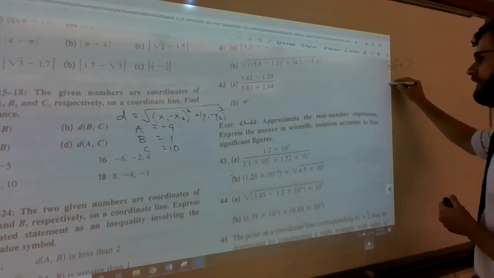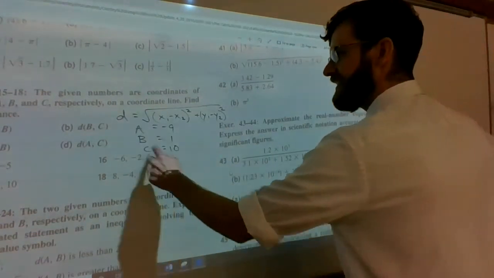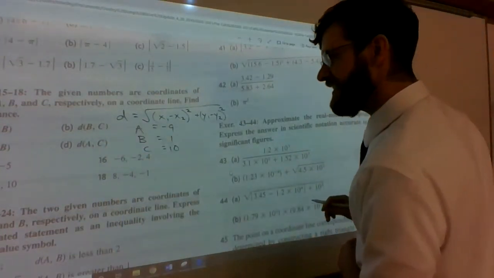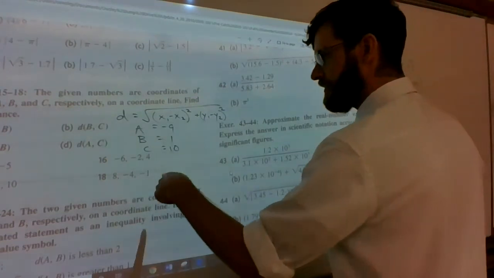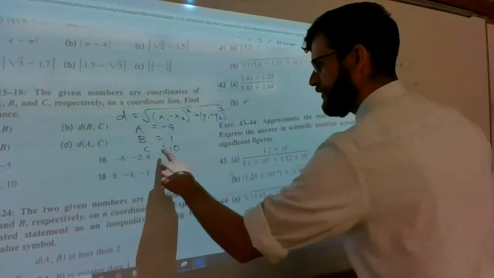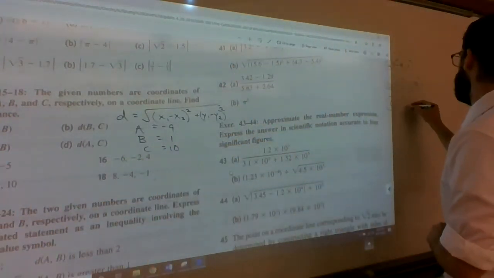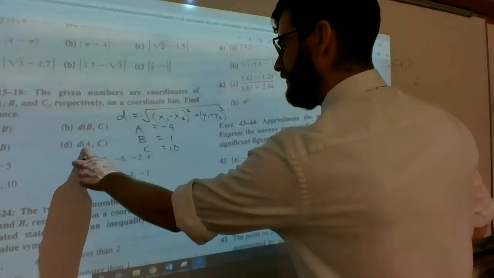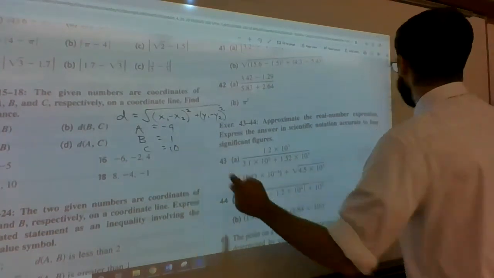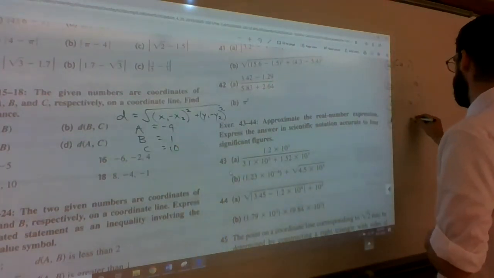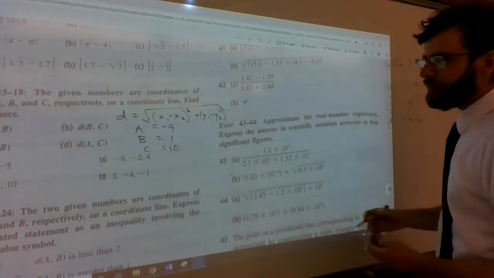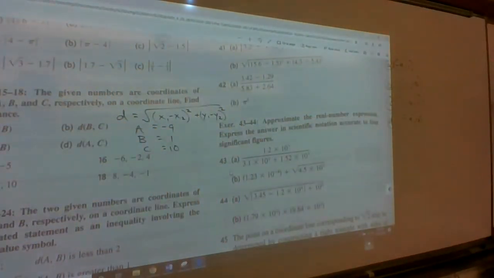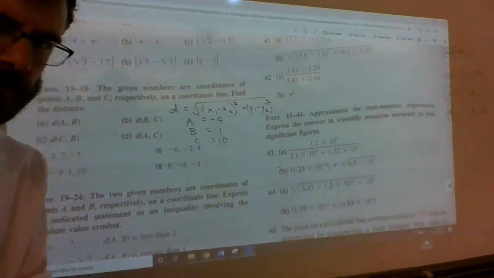And then on B, we're talking 1, 10. And then on C, we've got CB, which is 10, 1. And then on D, you've got AC, so -9, 10. So they're basically giving you 4 coordinates based on this information over here.